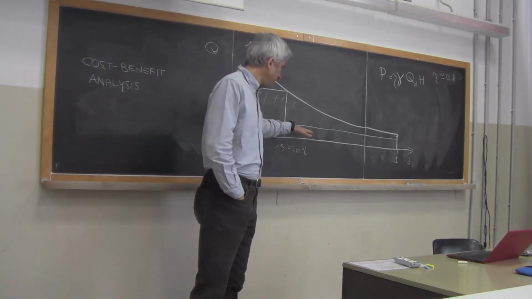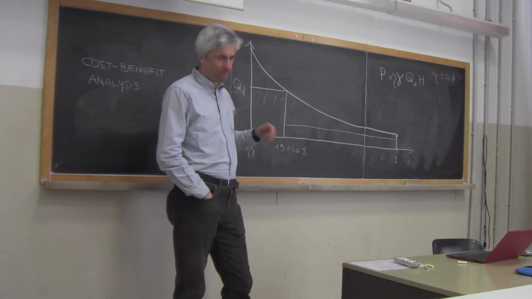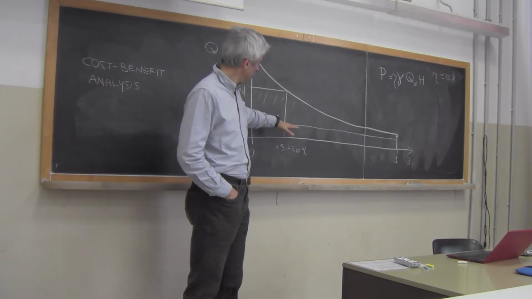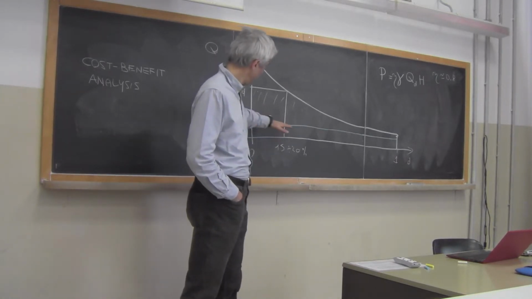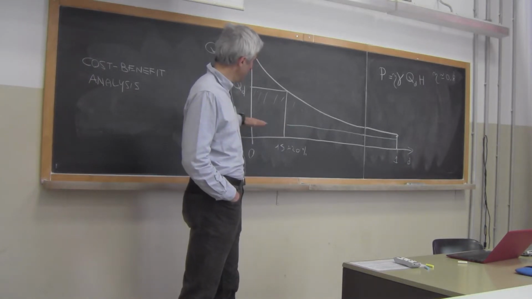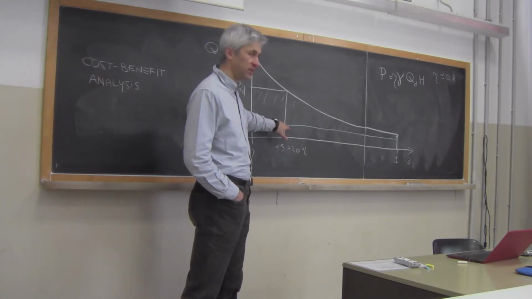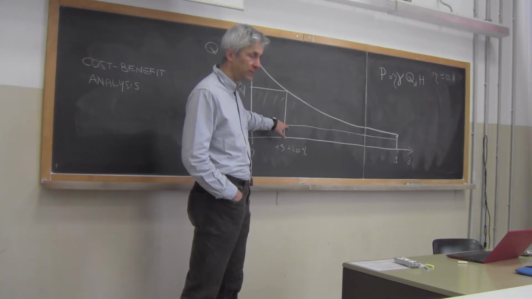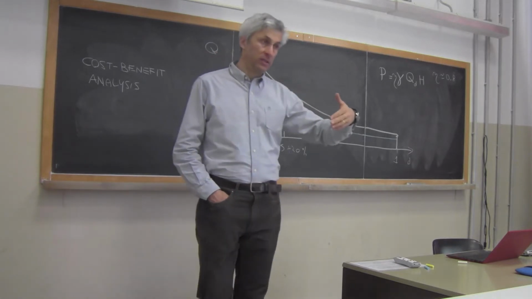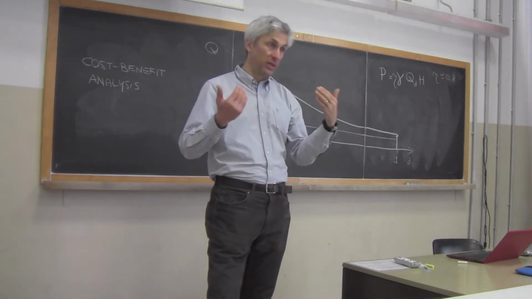Why did I stop here? The reason is simple. I'm not continuing in this range because I don't need to release this environmental flow when the flow in the river is higher than the water flow that I am withdrawing.